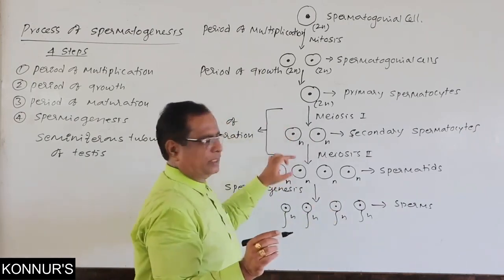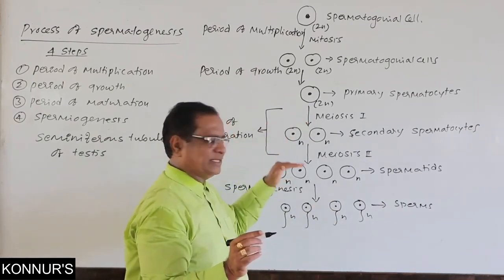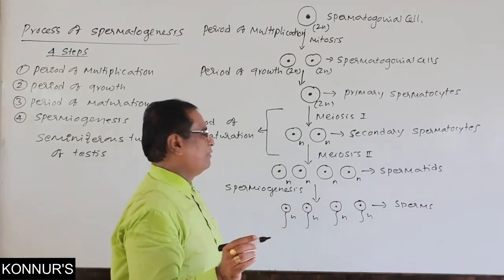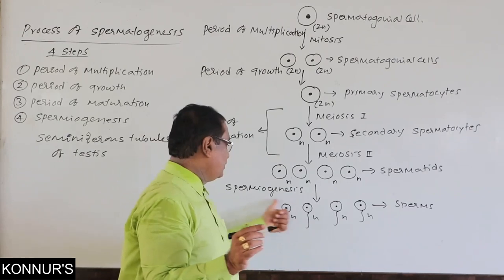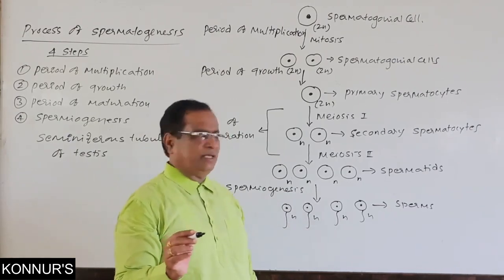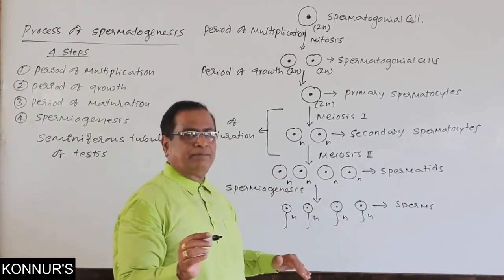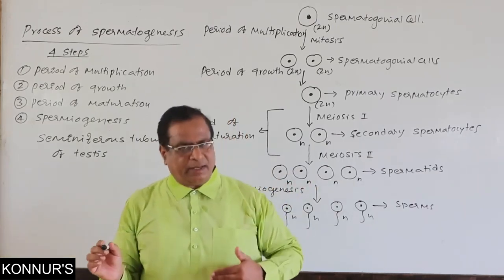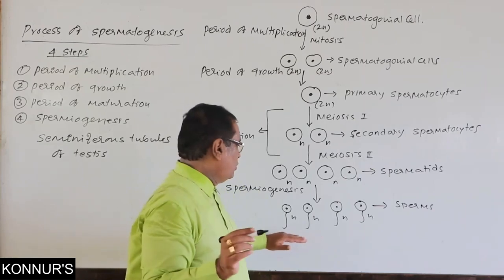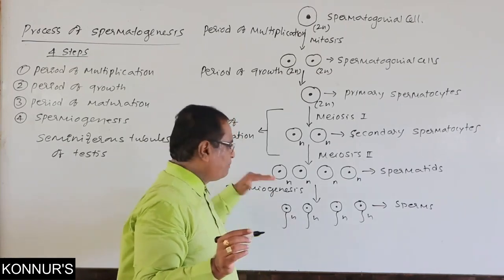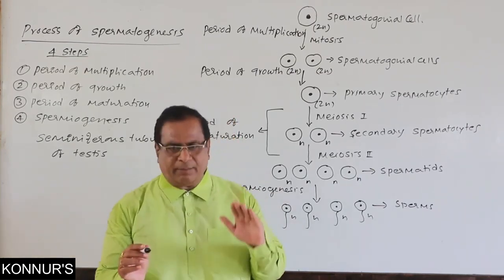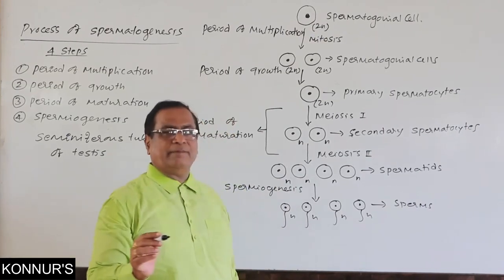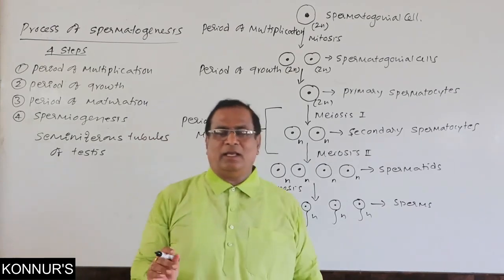These 2 steps, including meiosis first and meiosis second, is a period of maturation, and the final step is spermiogenesis. Spermiogenesis is a final step where spermatids are metamorphosed into haploid sperms. That process is said to be spermiogenesis.